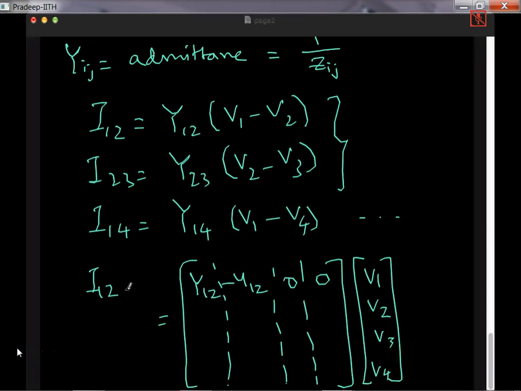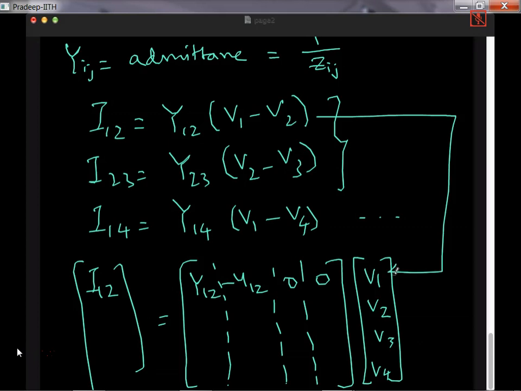So if you look at the first equation, I12 is equal to Y12 into V1 minus Y12 into V2. So that is what we are getting here. So these two are same. Similarly, the second equation I can write it. So how to write a second equation? I23 is nothing but, first it will be 0, then it will be Y23 and minus Y23. And then finally it will be 0. So I get the I23 like this. So like this, I can fill up all the 4 branch currents. So now we got this one is the voltage vector.